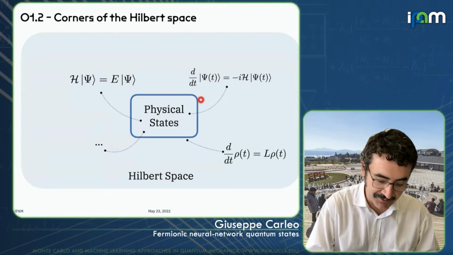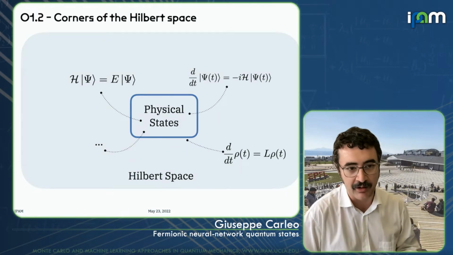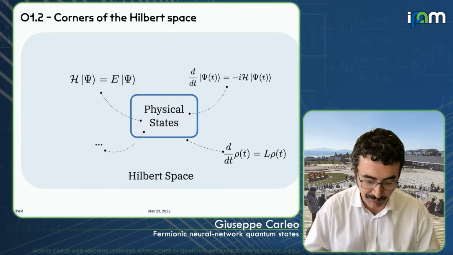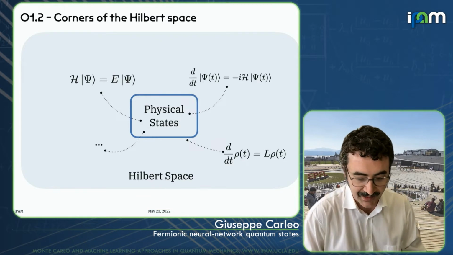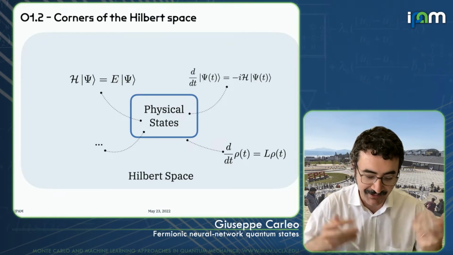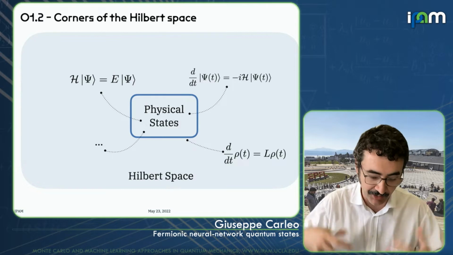But in general, we believe that these states occupy only a corner, a much smaller portion of the full possible space that can be occupied by a random state. So these states instead have a lot of structure.